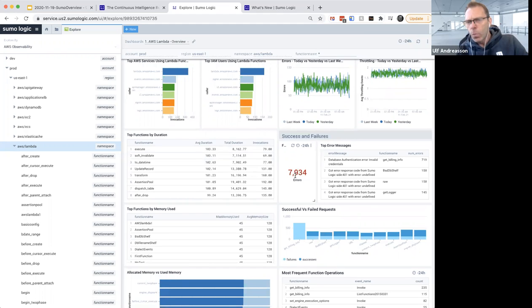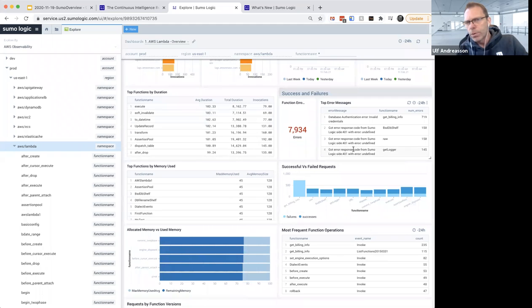And when I drill into this a bit more, I see that one very big problem I seem to have is a database authentication error, where I get invalid credentials to my get billing info here.